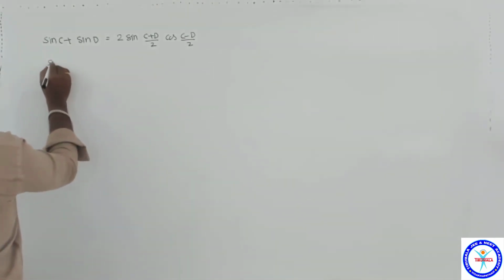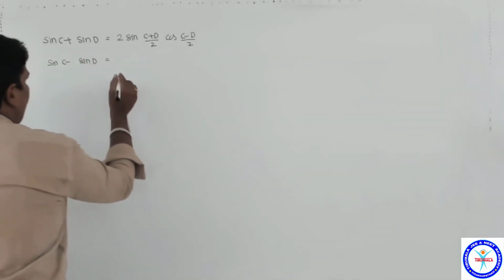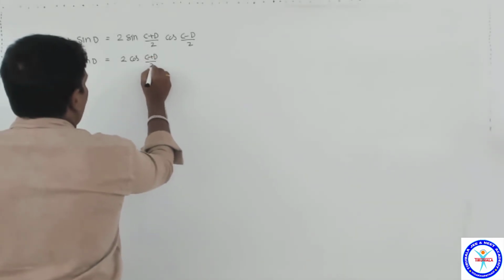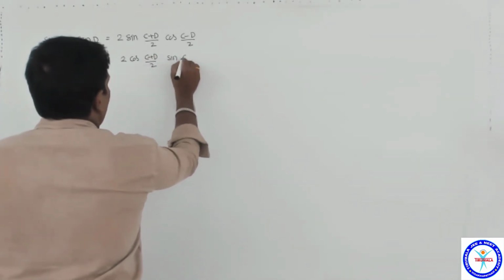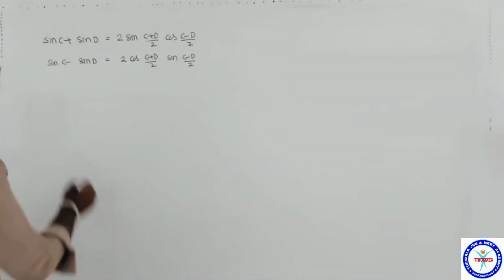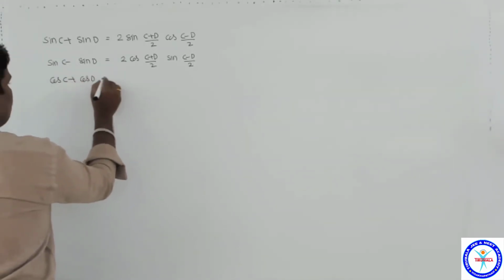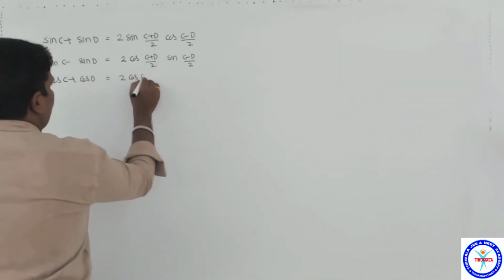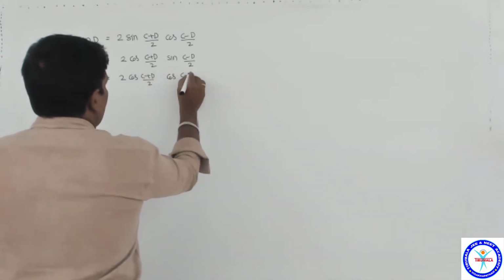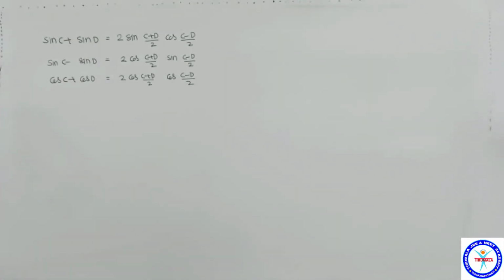And next one is sin C minus sin D equal to 2 cos C plus D by 2 into sin C minus D by 2. Next, cos C plus cos D equal to 2 cos C plus D by 2 into cos C minus D by 2.